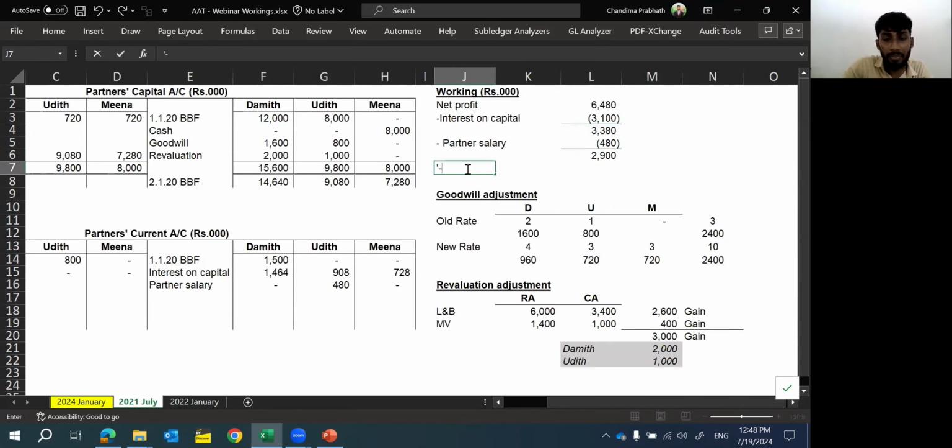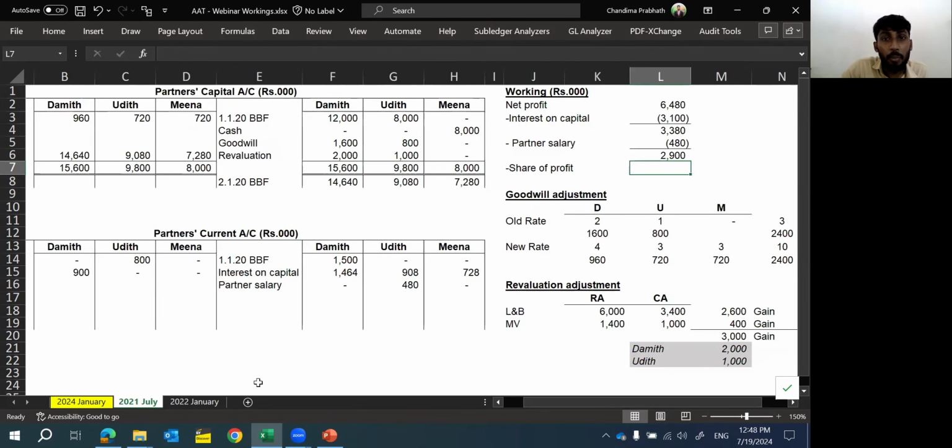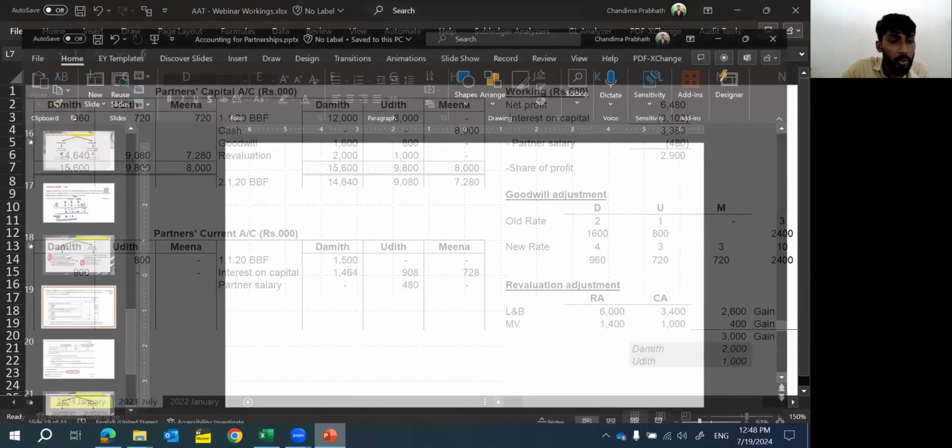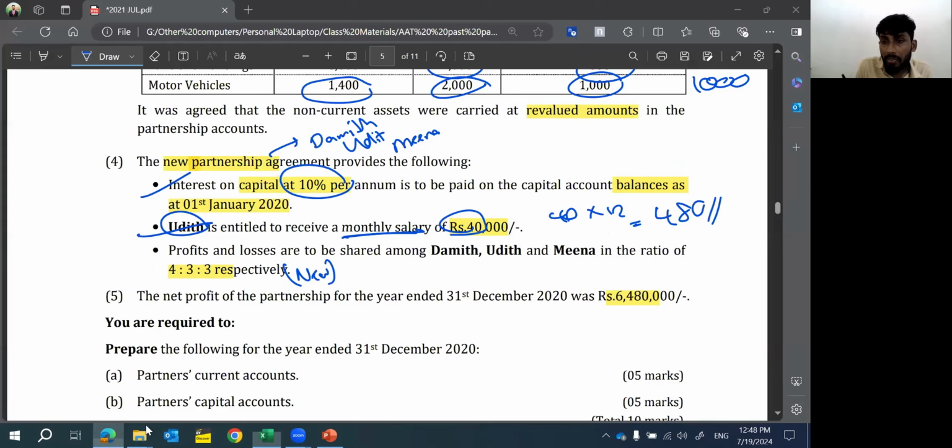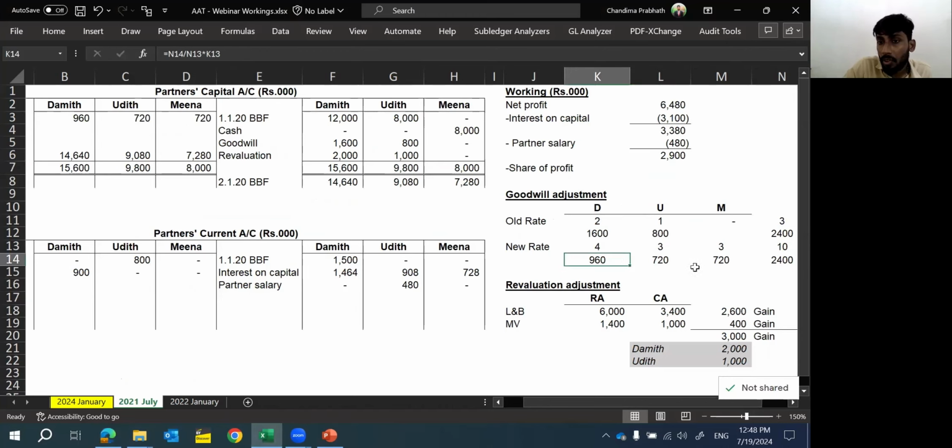How to appropriate as profit shares? Share of profit. Now the profit sharing ratio, the new one. What was the new one? New profit sharing ratio 4:3:3. I have mentioned that here.